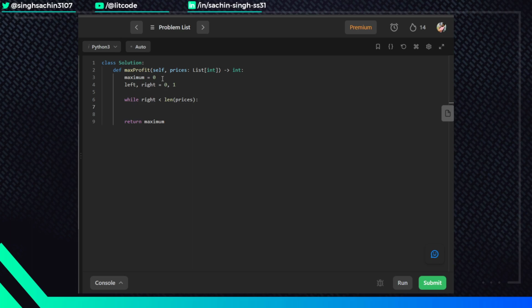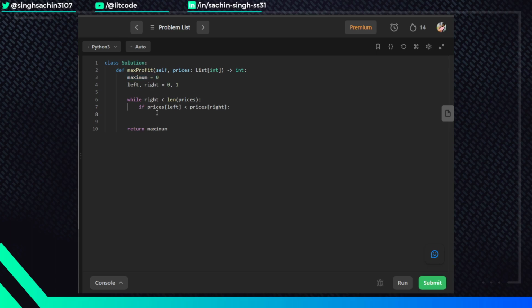Next condition, which I mentioned in the explanation, was if prices at left is less than prices at right. In this case, I want to check for my maximum profit, right? I want to update this basically.